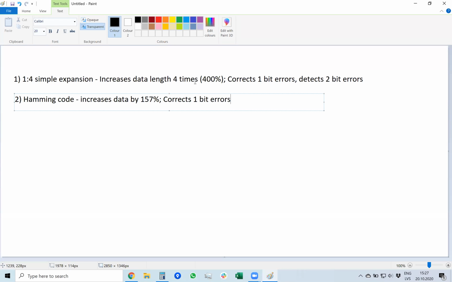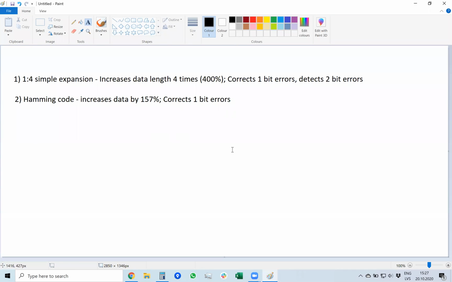But if you have, for example, 2 bits in error, it will not detect them. However, you only added 57% to your original data. So in channels where you can expect only infrequent 1-bit errors, this Hamming code is much, much better than this 1 to 4 simple naive expansion.